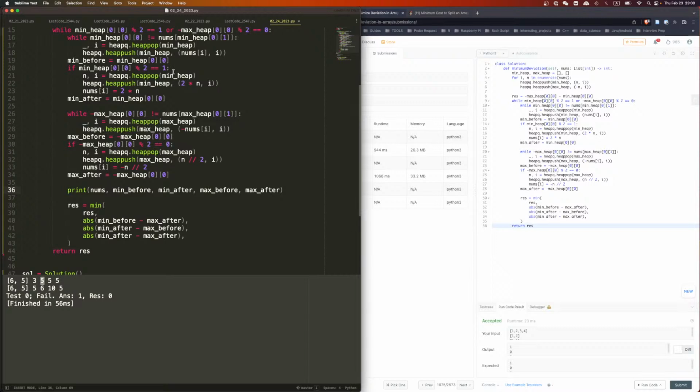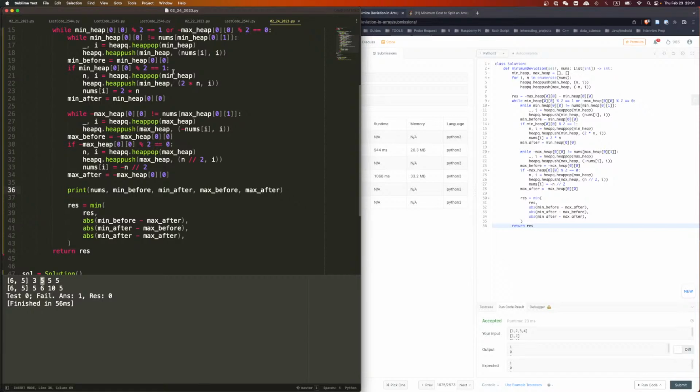Yeah, we have a before value, then we have an after value, right? And before, then we can do this, then we do the after. And after, the min value becomes a new min value, right?